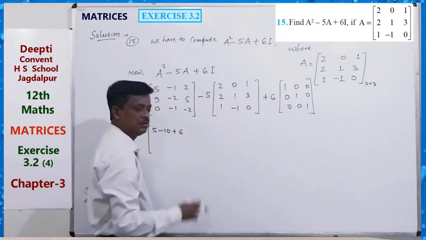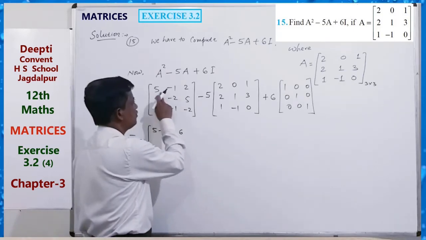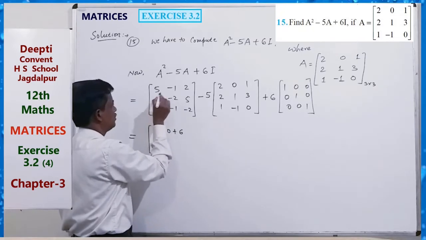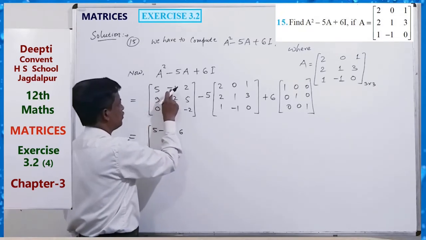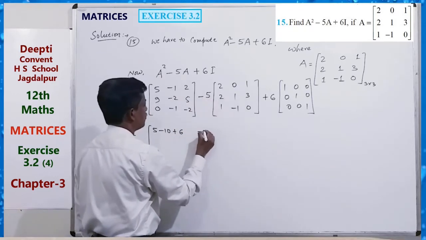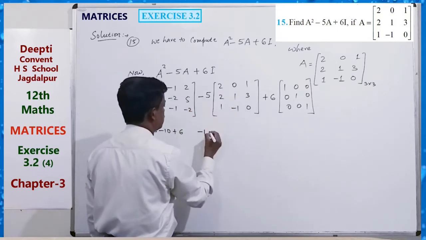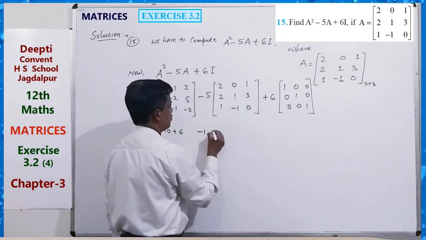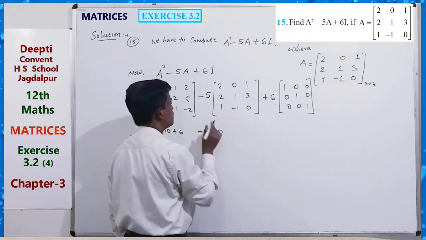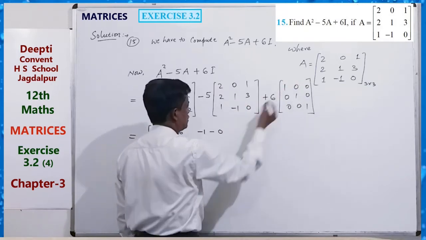But you can directly do this: 5 minus 10 plus 6, and this element 9 minus 1, minus 1 plus 0, or you can also write minus 5 into 0, 0 and 0.